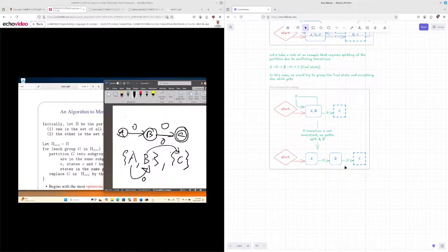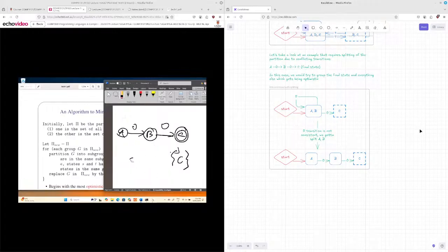Intuitively, this means they represent different types of states, so they must be distinguished. That means A and B must be split, since they go separate ways. Then you split them.